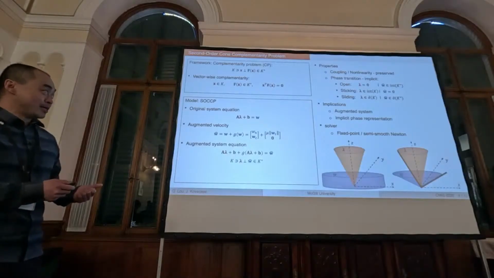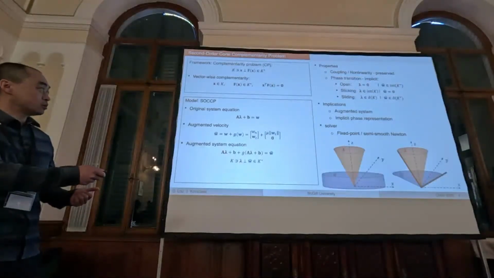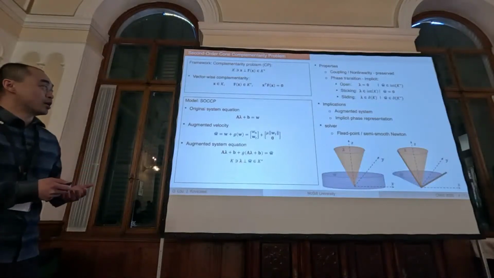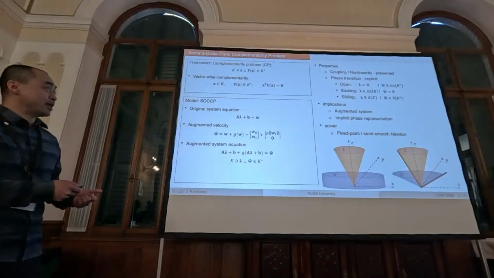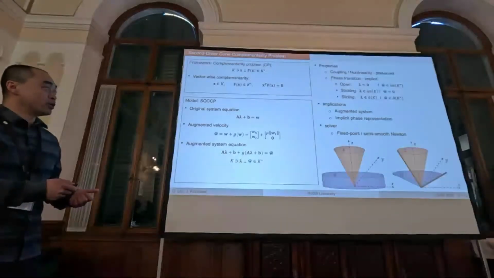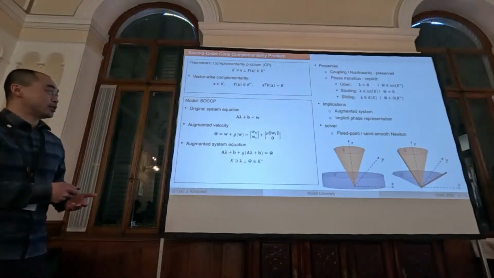It has the implication that it needs to augment the system through an additional nonlinear term. Also, it's an implicit phase representation, which brings complexity and challenges to the associated numerical solvers.